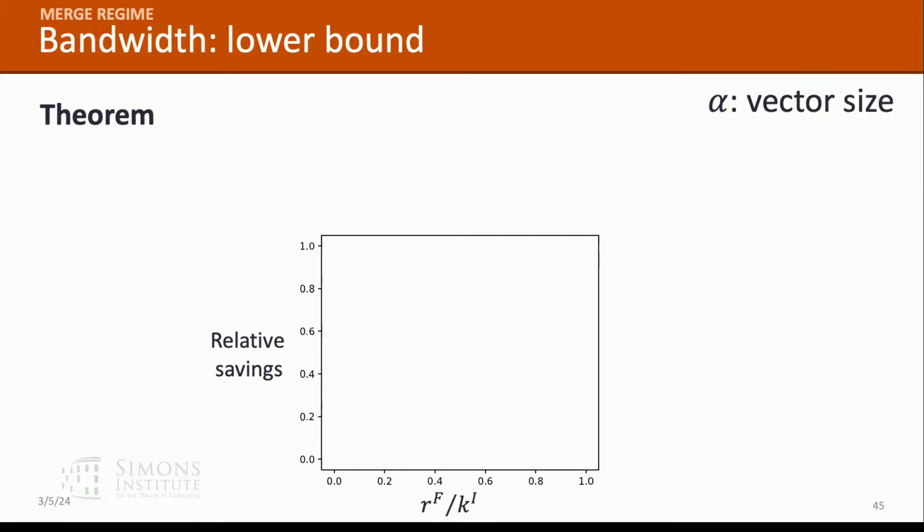I'll not go into too much detail, but the result looks like this. Here we will have a vector size alpha, that is, we will have a vector code as opposed to a scalar code, because when you're looking at bandwidth, having a vector code enables you to read smaller amounts of data from each code symbol as opposed to having to read the entire symbol.